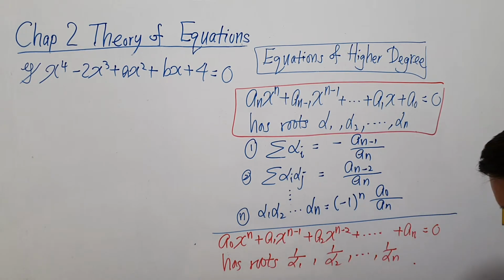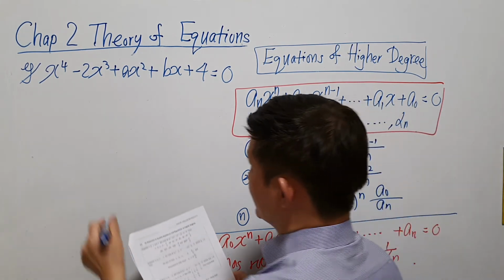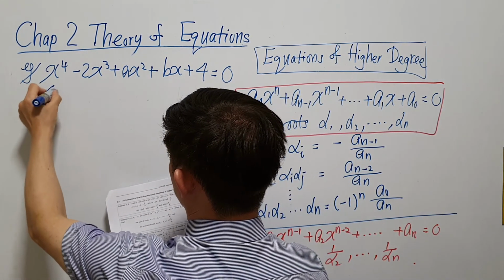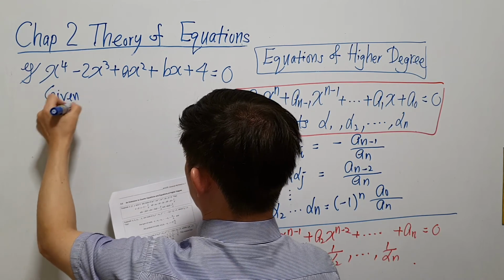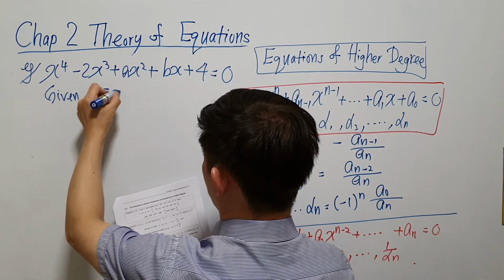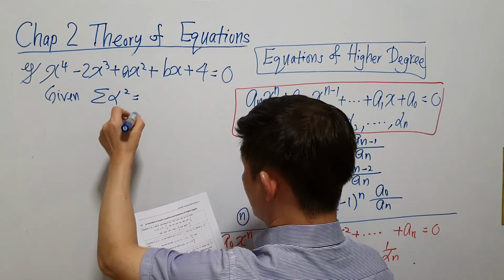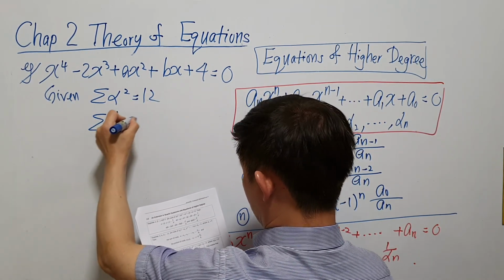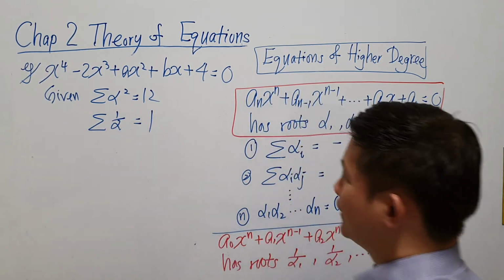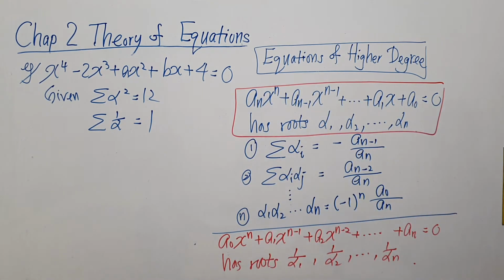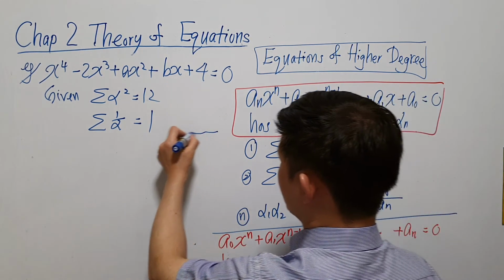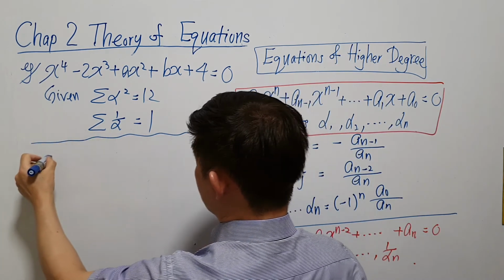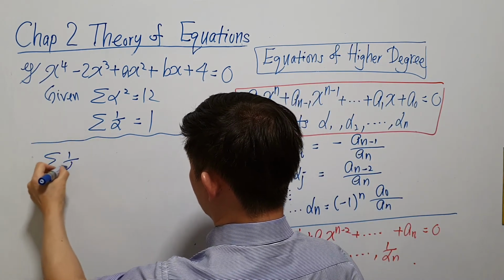In this question you are given two things now: the summation of alpha squared is equal to 12, and the summation of 1 over alpha is equal to 1. Then the question wants you to find the value of a and b. So how do you do it? Recall the summation of 1 over alpha.